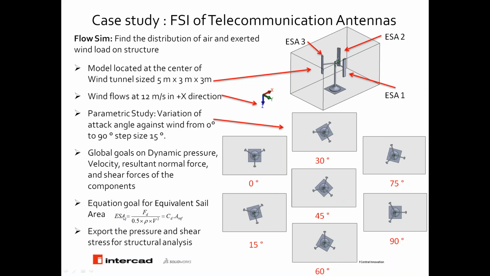Since I would like to create my own formula here to be traced, ESA is simply defined as the force divided by 0.5 times density times velocity square. Well, it is equal to drag coefficient times, let's say, effective surface area of the antenna. This is not a parameter in your list, therefore I have to create an equation goal for that one.